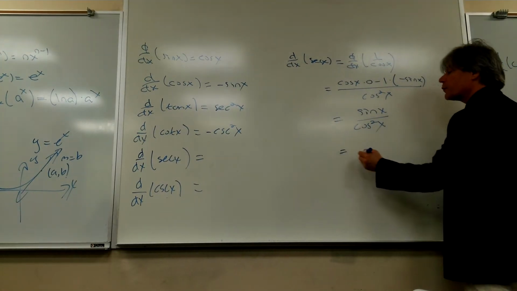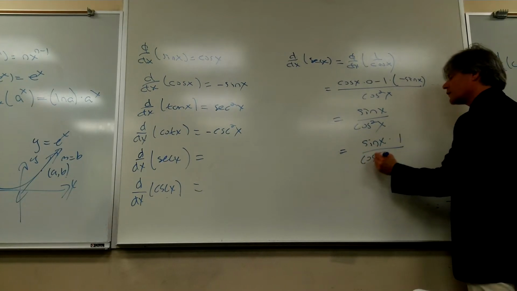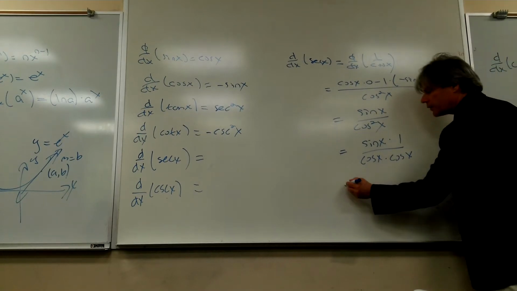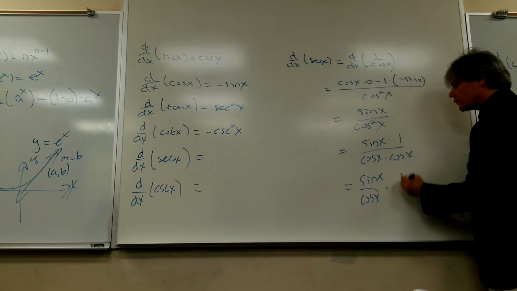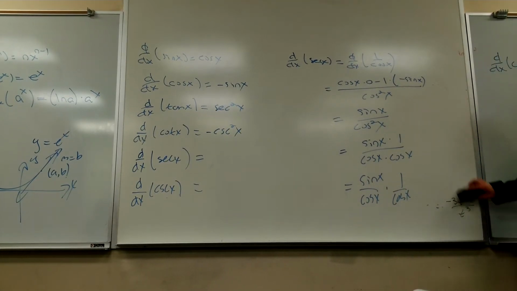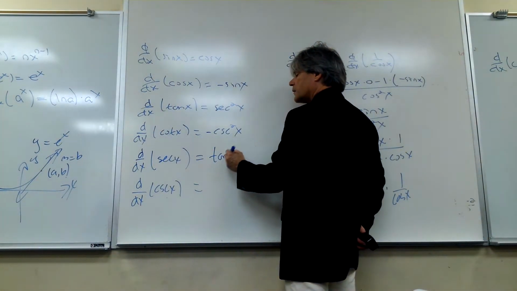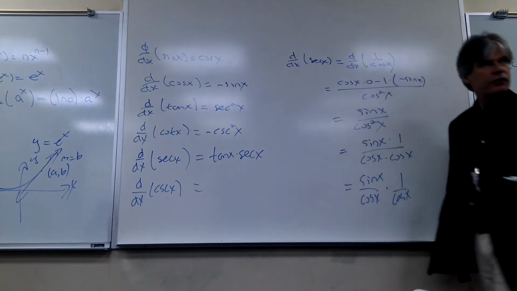Or how about I just play for a minute? Can I think of the sine of x times 1 over cosine of x times itself twice? Or can't I think of this as the sine of x over the cosine of x times 1 over cosine of x? That's the tangent of x times the secant of x, another intimate relationship between a secant function and a tangent function.